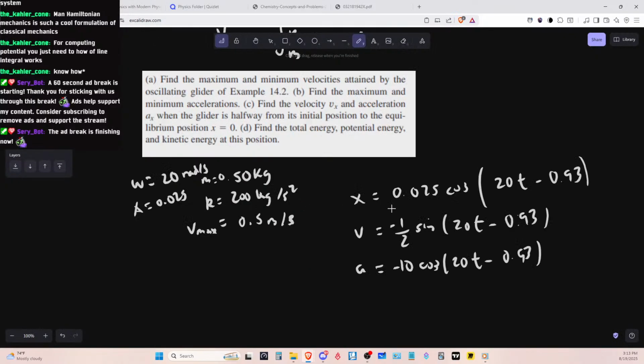So now we have to figure out what the minimum is. So I guess we're gonna have to solve this equation for when it's 0.